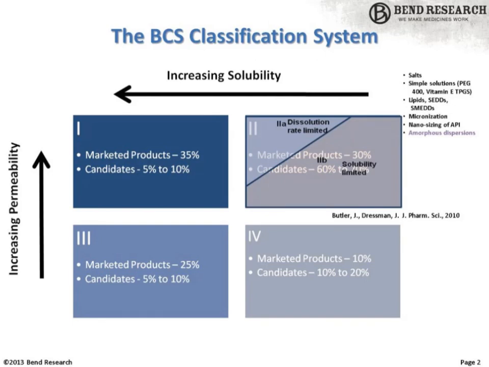They can be made as solutions, micronized, or formulated in lipids. But really, driving forward, there's been a need over the last decade for technologies that can increase solubility and drive bioavailability. And today's talk is really going to focus around the use of amorphous dispersions to get these BCS Class 2 compounds bioavailable.